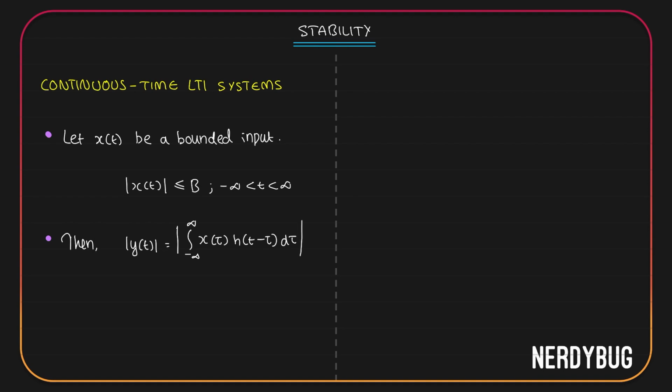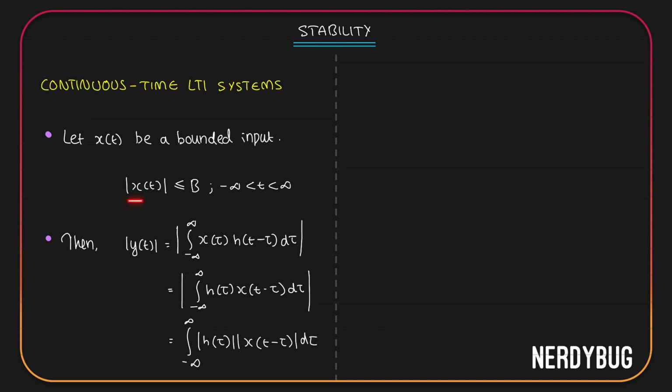But again, the order of convolution does not matter. So we can write the magnitude of the integral from minus infinity to infinity of h(tau) x(t minus tau) d tau. Now, this is the same as taking magnitudes first and then integrating. So we can write the integral from minus infinity to infinity of the magnitude of h(tau) multiplied by the magnitude of x(t minus tau) d tau.